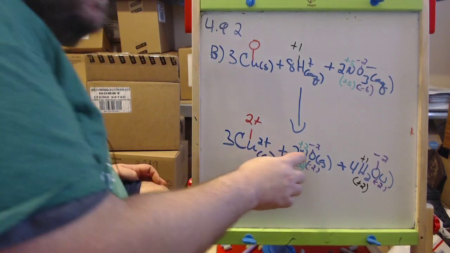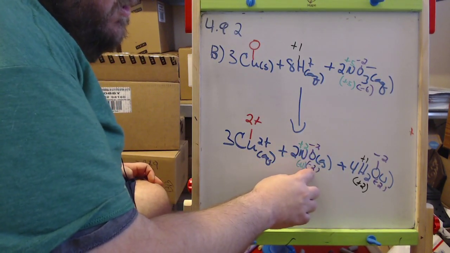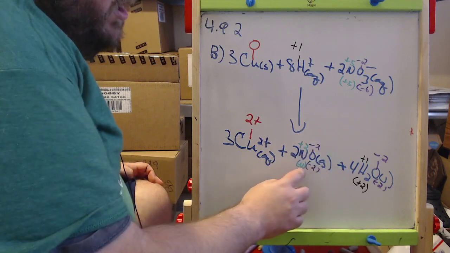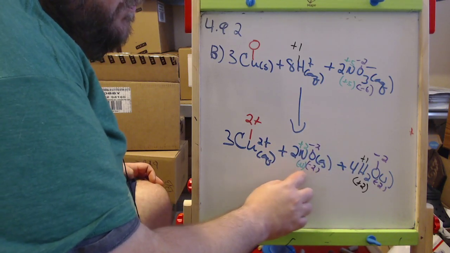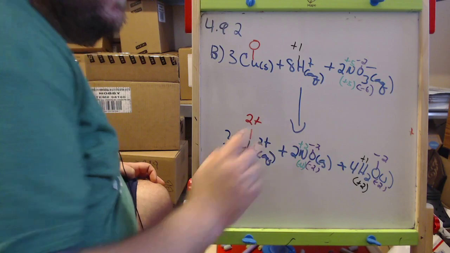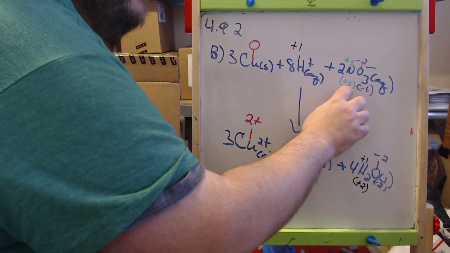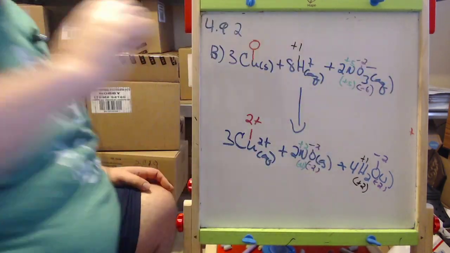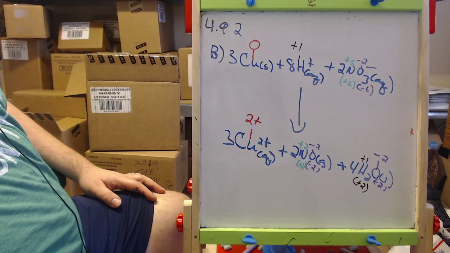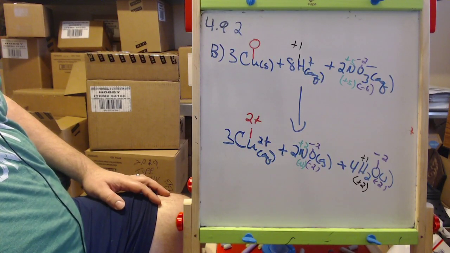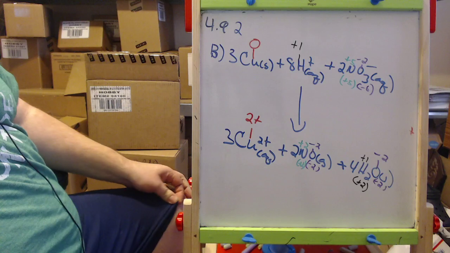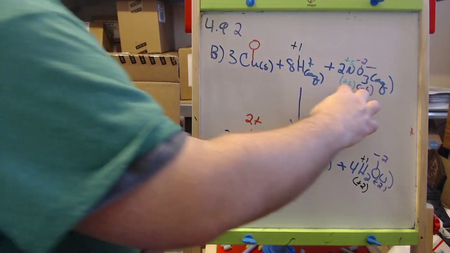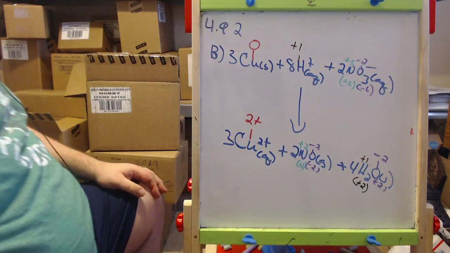So down here it's a 2 because minus 2 for oxygen, there's no charge, so it has to be plus 2. Plus 2 minus 2 gives me 0. Here it has to be plus 5 because minus 6 plus 5 gives me the minus 1. Yes, Trenton, exactly. These two numbers together have to equal the charge.